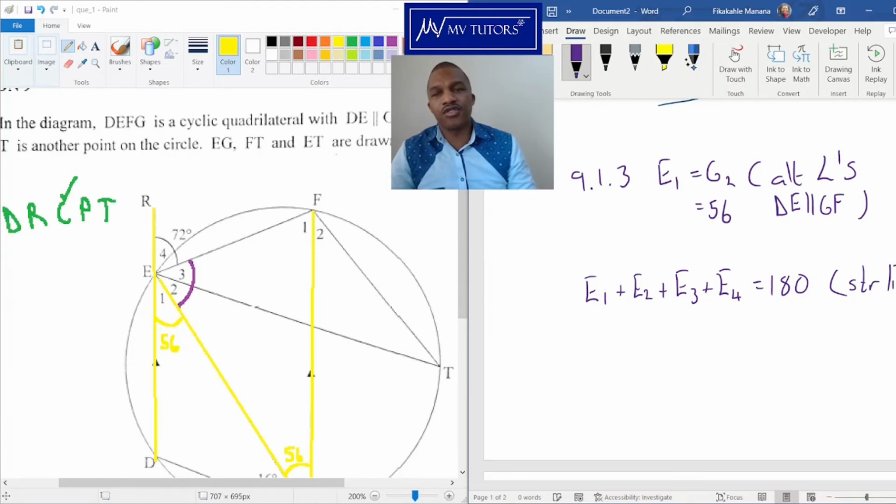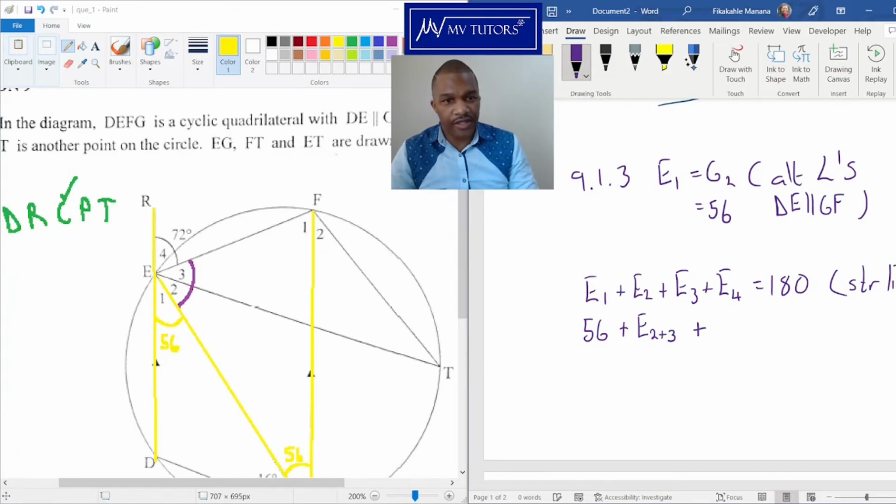Okay, straight line theorem. Cool. Now we can fill in the spots. What's E1? E1 is 56, plus E2, we do not know, that's what we are looking for, plus E3, that's also what we're looking for.